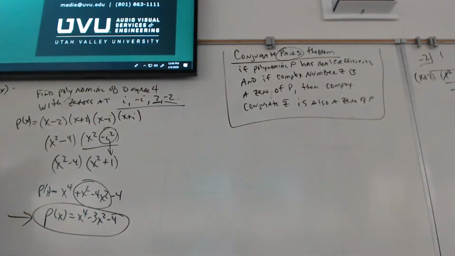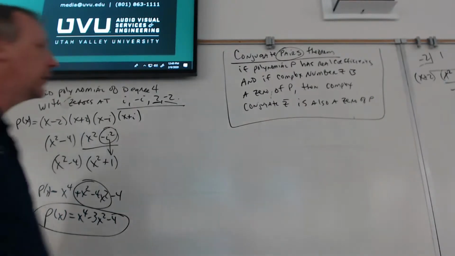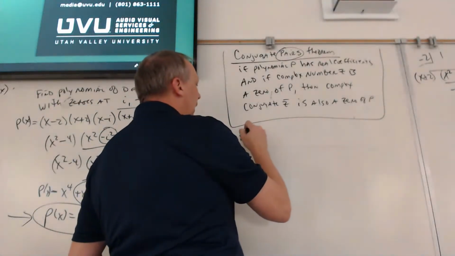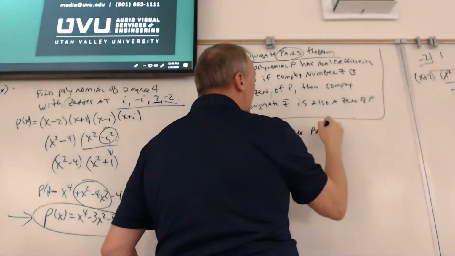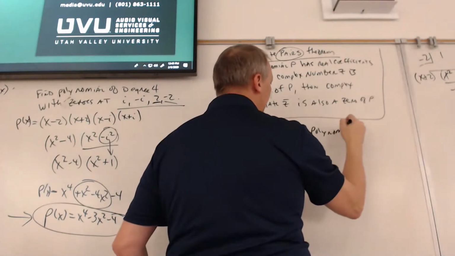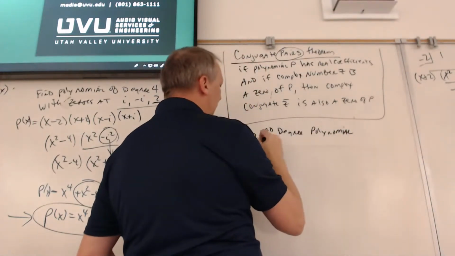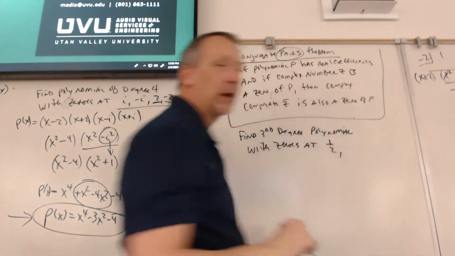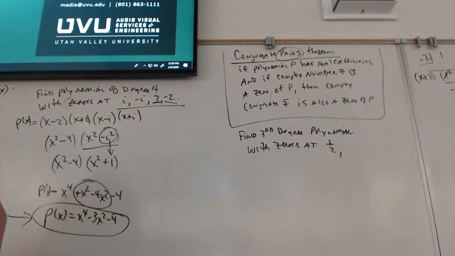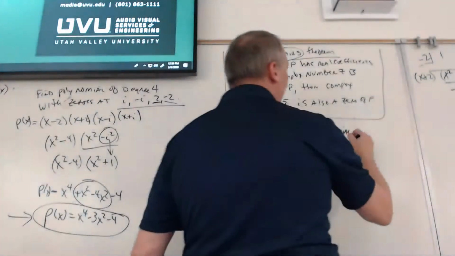So, if I said to find a third degree polynomial with zeros at 1/2 and 3 minus i.